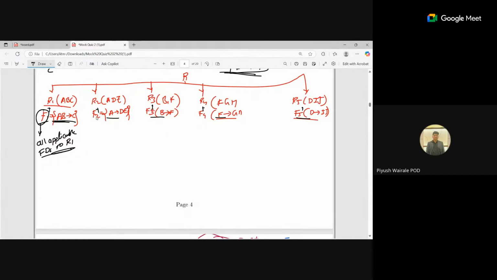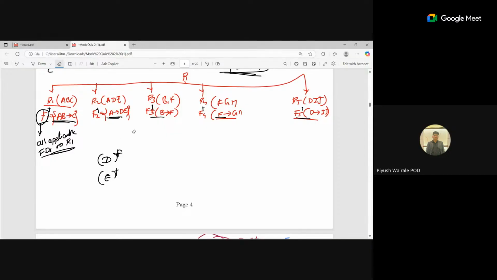What about F2? Here we have written A determines DE. Can I write D determines A or E determines AD like that? So how can we do that? Simply take the closure of those attributes based on the parent functional dependencies here. I know that A can determine DE, but can D determine A? Can E determine A?